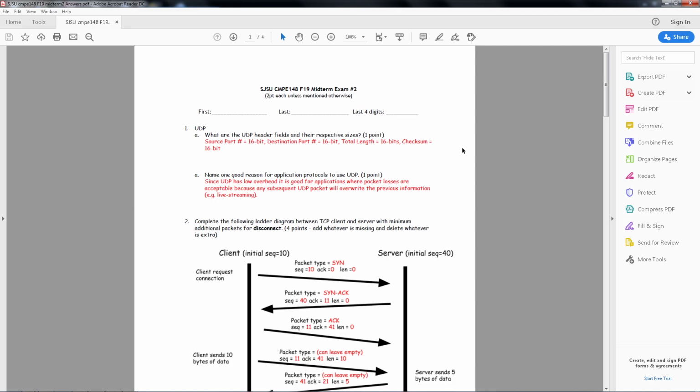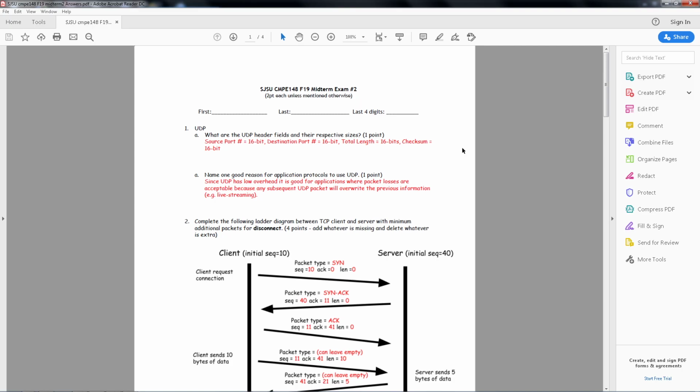The second part is name one good reason for application protocols to use UDP. Really, it just boils down to UDP is fast. It's fast, unreliable, and connectionless. So what uses are there is if you're just sending a small amount of data, or a large amount of data that doesn't require consistent lifetime feeds.